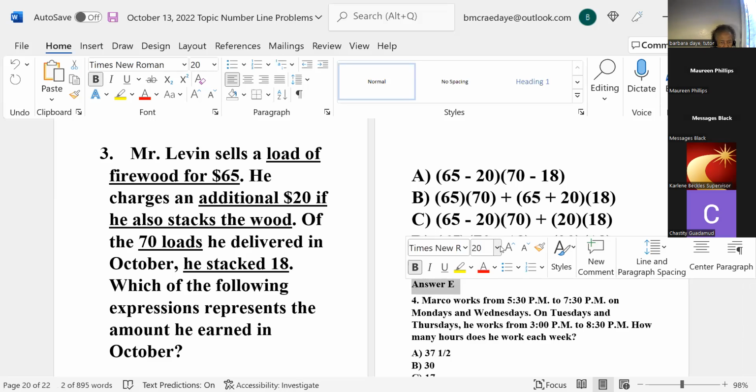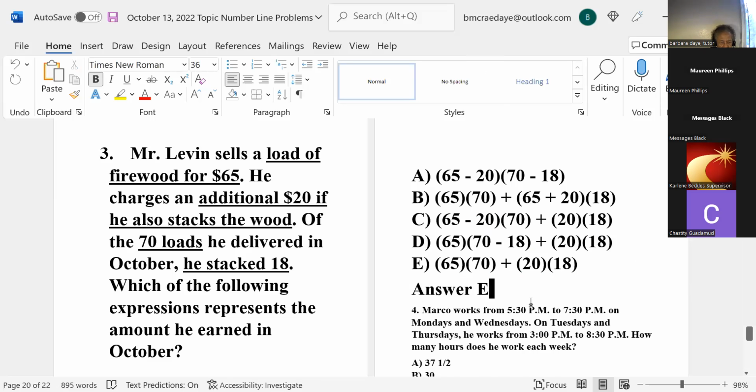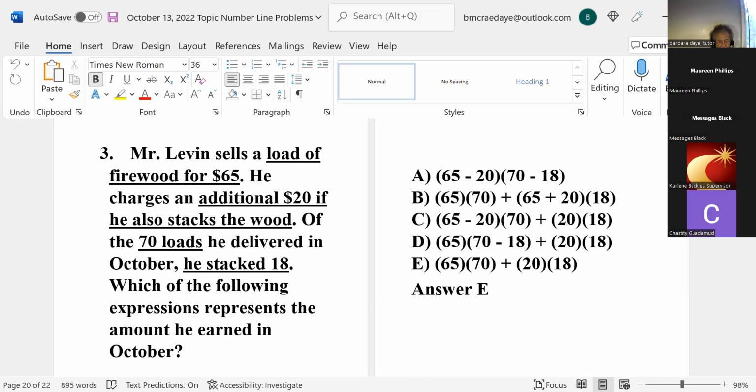I think my answer is D. I'm just guessing because I'm hurrying through. Why did you say D? Because I'm thinking of the 18 that he stacked for himself.